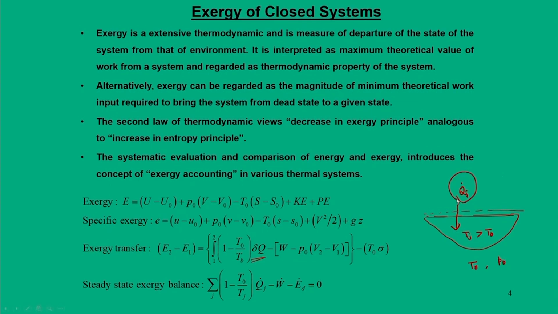If this is the energy transfer, the corresponding exergy transfer would be 1 minus T 0 by T j, where T j is the boundary temperature, multiplied by Q j. So, you can see here, although the energy is Q j, there is another term multiplied, 1 minus T 0 by T j into Q j. This is the information about exergy, and that is the information about energy.